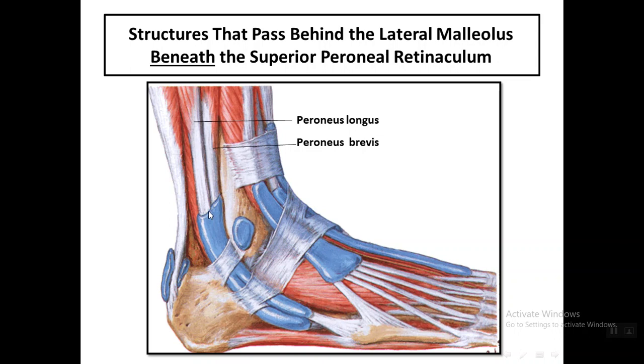At first, both of them have a common synovial sheath. After that, when they pass below the superior peroneal reticulum, each one will have its own synovial sheath، راح يكون إلى الغلاف الخاص به.